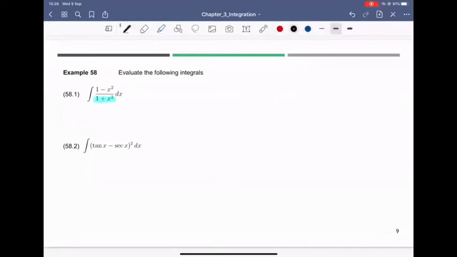So what you can do is, pretty simple, integrate 1 over 1 plus x squared dx, right? You split it and then negative integrate x squared over 1 plus x squared dx. Is that better? The answer is yes, because at least you know that you can integrate this thing, because it comes back to arctan x as we have the formula for that.